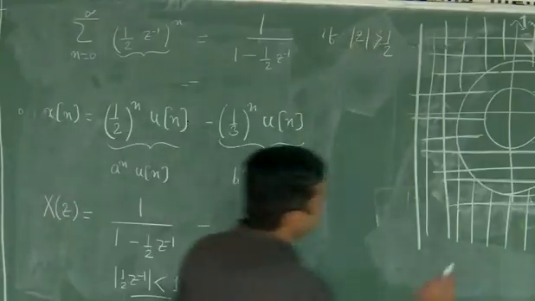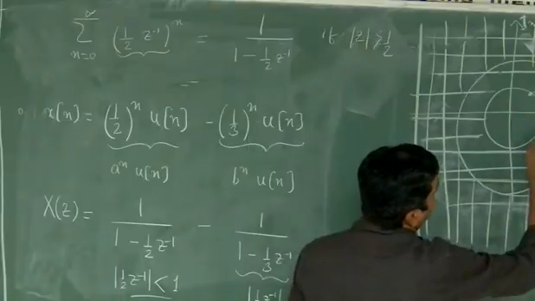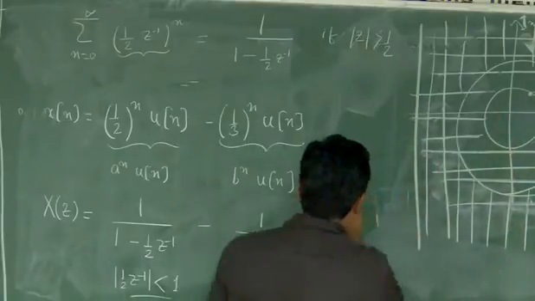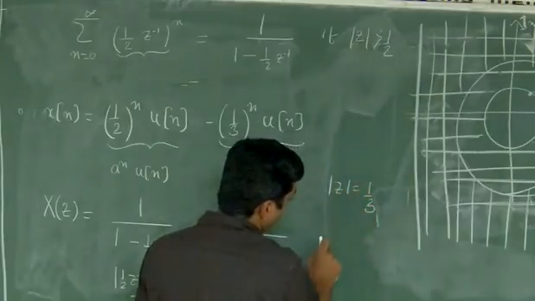So when I pick Z equal to 1/3 in this case, it means that when I say this, essentially what am I saying?